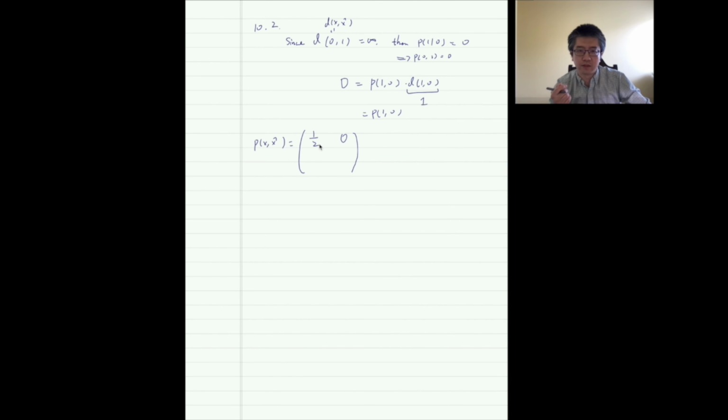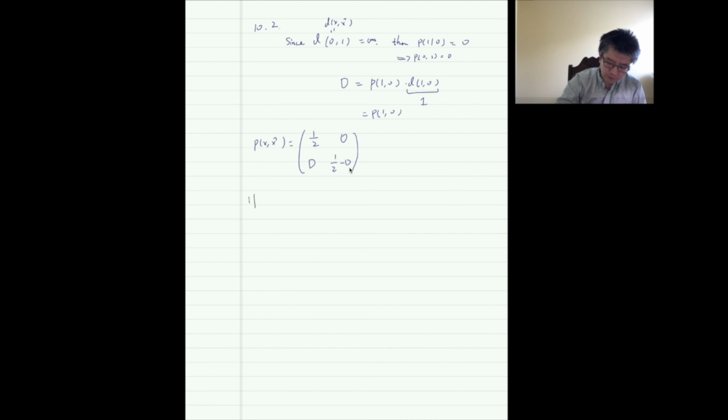And because p10 is D, this is D. As we said before, the summation of this and that has to be half. Therefore, this guy is half minus D. Okay, very good. Then, in order to make this make sense, D has to be less than or equal to half.